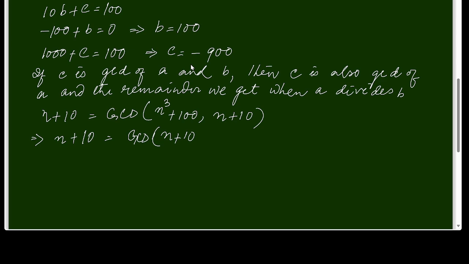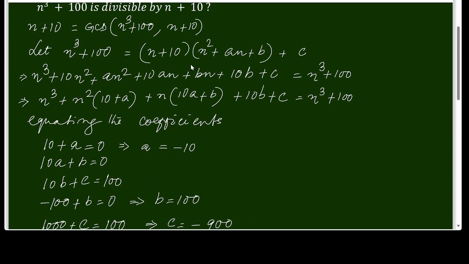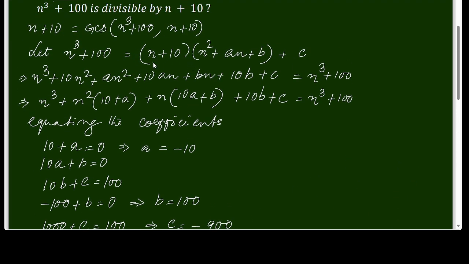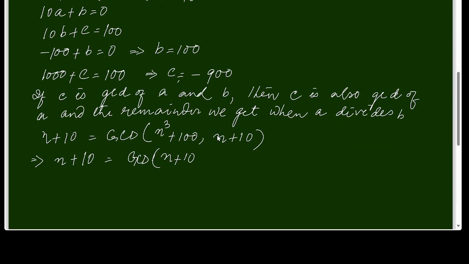The remainder is c, because we have taken it in this way that this is a multiple of n plus 10 plus this is the remainder. So it will be n plus 10 and the remainder is negative 900. Or this is the same as n plus 10 is the GCD of 900 and n plus 10.